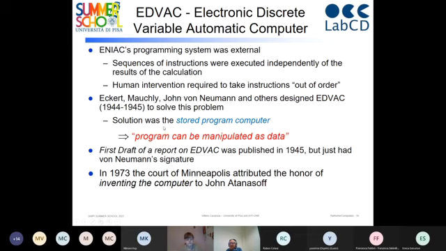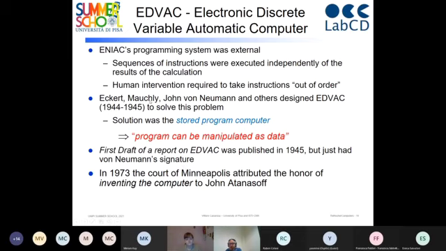So as you can see, technology and politics can mix, because it took about 20 years for John Atanasoff to be officially recognized as the first one to have invented this idea of having the program and the data in the same memory.